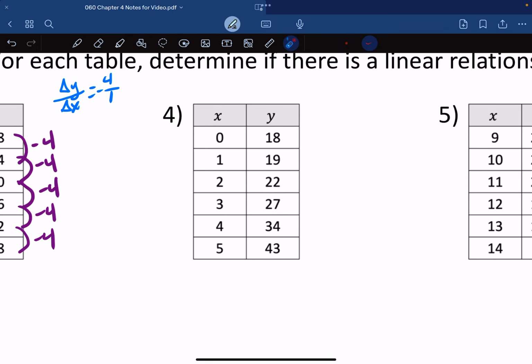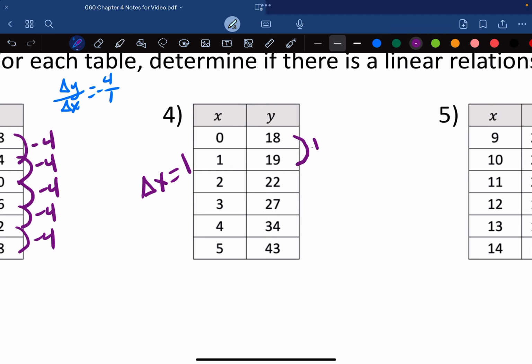On our left side for this next one, each time, once again, this is going up by 1. And so for this entire table, our change in x is going to be 1, because this is changing by 1 the whole time. So in order for this table to be linear, since my change in x is 1 the whole time, my change in y has to be the same number the entire time.